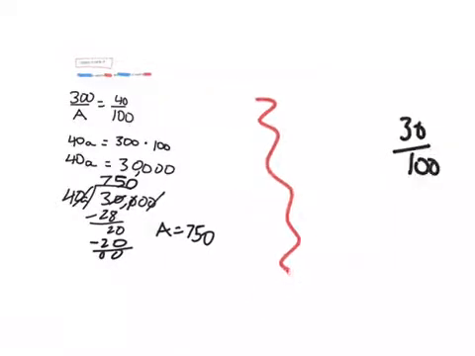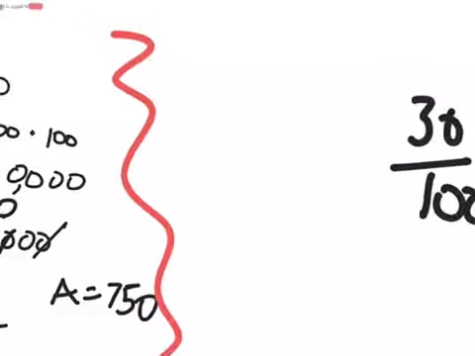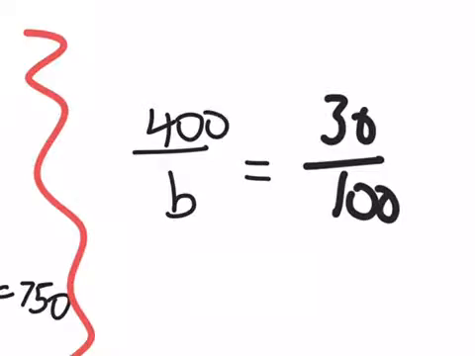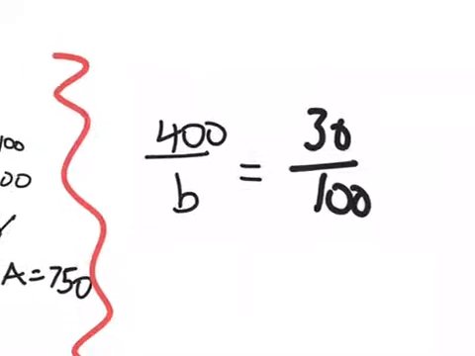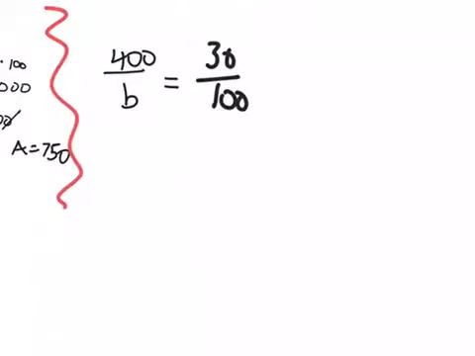Wait 1 minute. Let me just make that smaller. Is equivalent to B over $400. So now let's do this. We would have to cross simplify because it's a proportion.